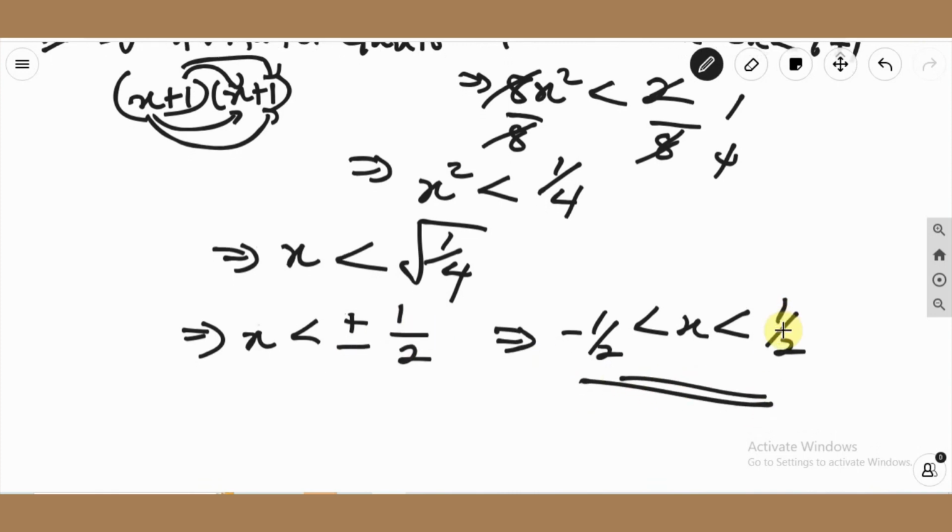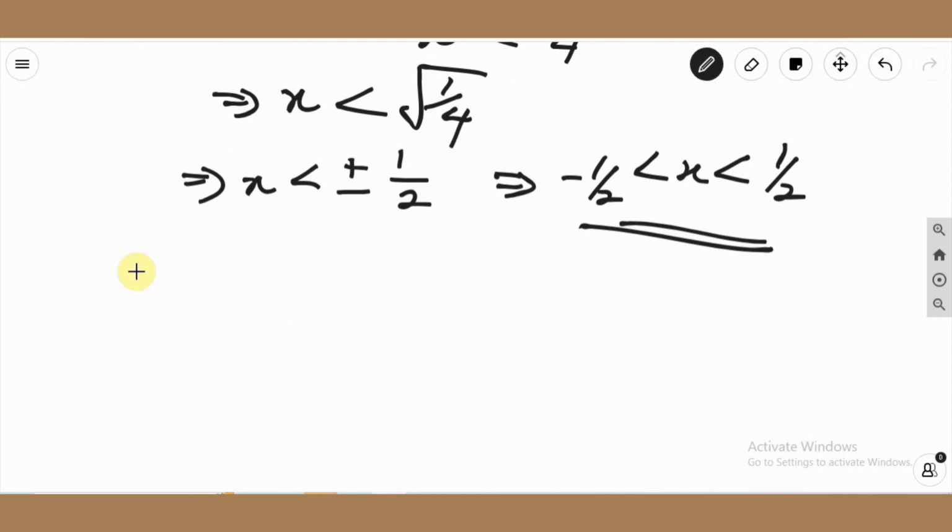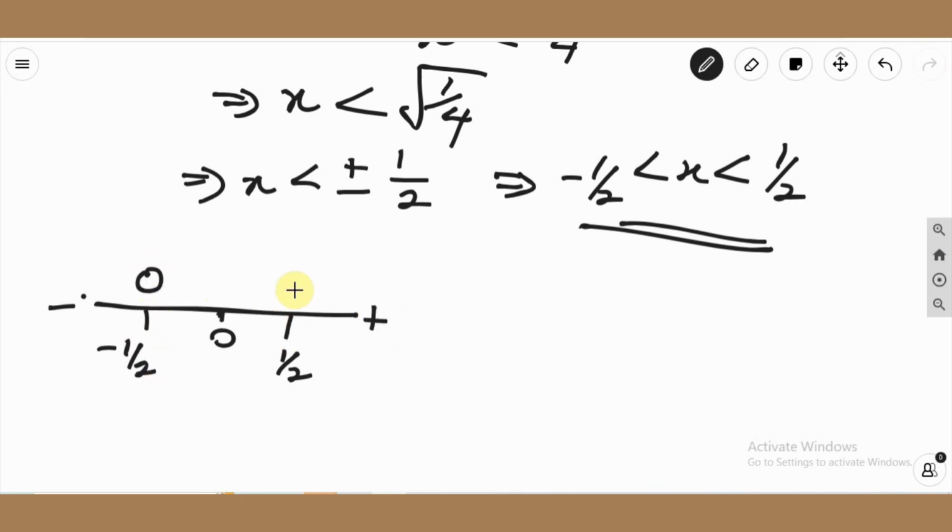So if you want to represent this on a number line, when you draw a number line, this is the center, which is 0. The right hand side is usually positive, the left hand side is usually negative. We have two values here, the positive value and the negative value. So assuming here is 1 over 2, and here is minus 1 over 2. So x lies between here and here.